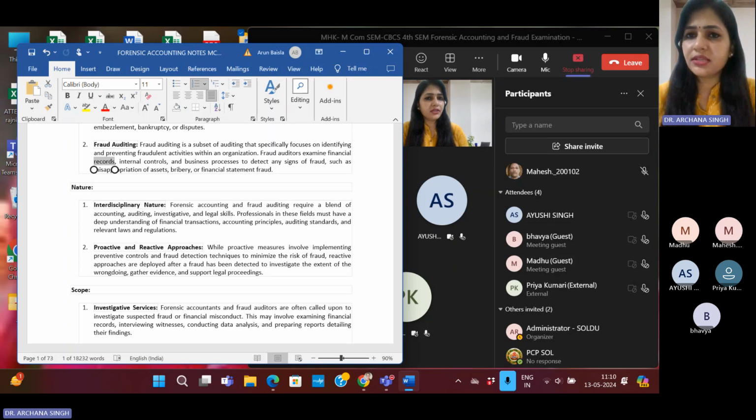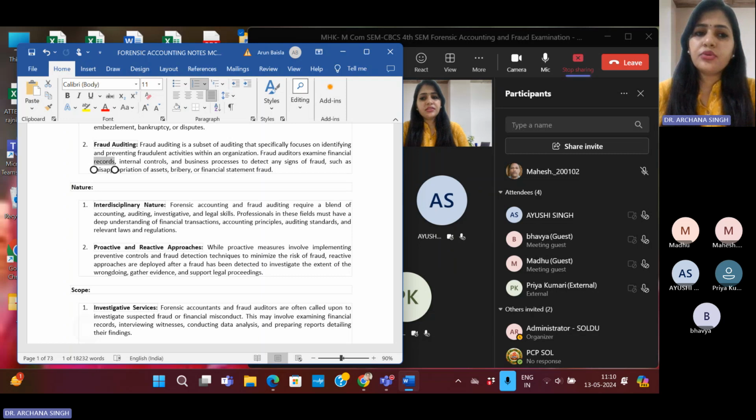Not only one skill, they require accounting skills, auditing skills, investigating and legal skills. So professionals in these fields must have a deep understanding of financial transactions, accounting principles, accounting standards, auditing standards, and various other relevant laws related to it. So it is interdisciplinary in nature.